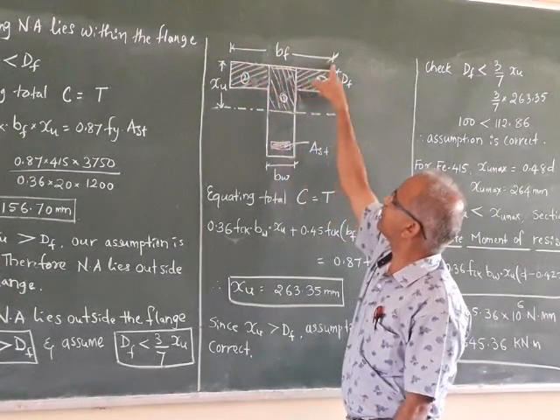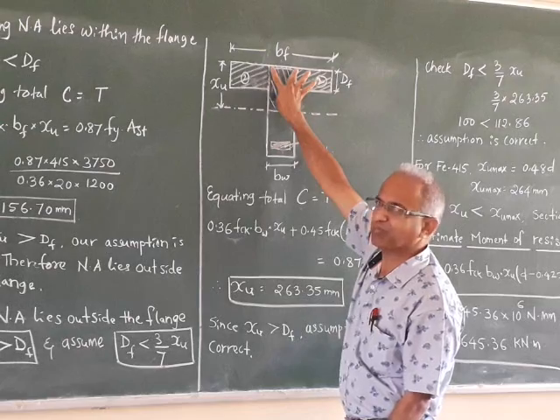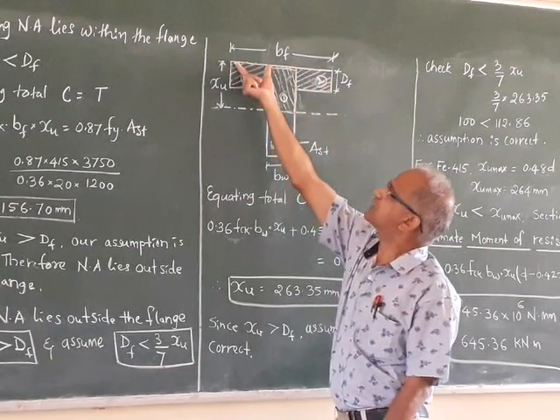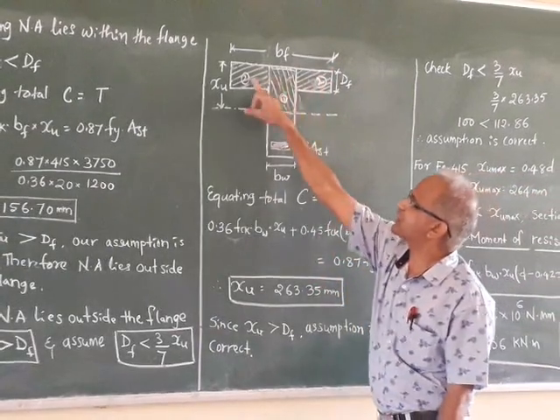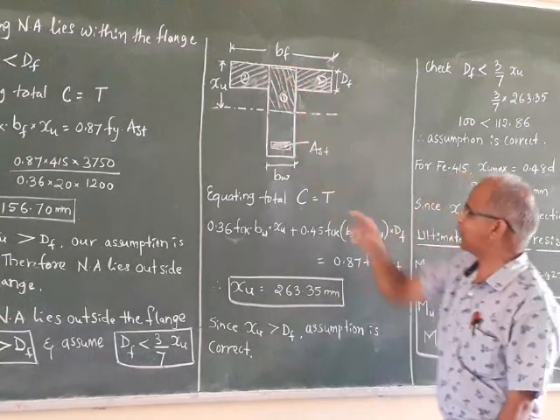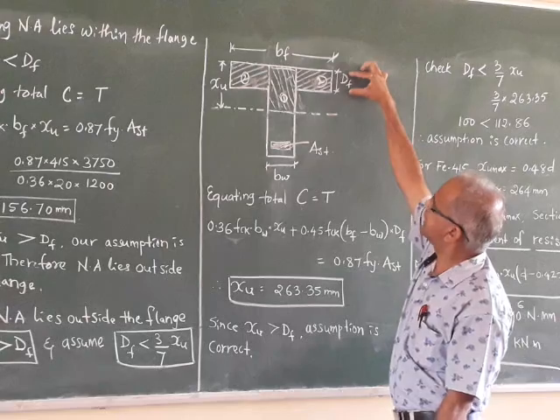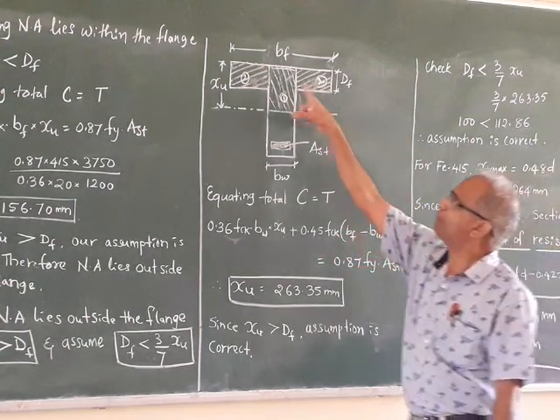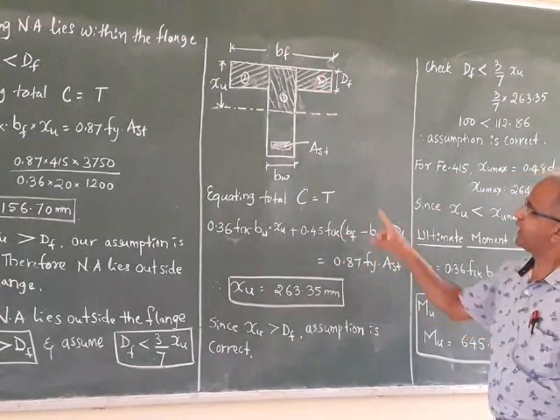Total BF minus BW will give this plus this. So 0.45 FCK is the stress and area is BF minus BW into the depth of this portion, this is DF. 0.45 FCK, BF minus BW into DF will be the area of this.